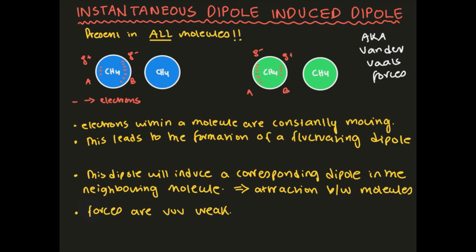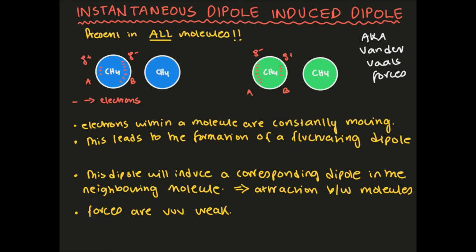This is going to lead to the formation of a fluctuating dipole. If you look at this particular instant, the one that I've made in blue, there are more electrons towards side B, which is why it's going to have a partial negative dipole, and there are fewer electrons towards side A, which is why it's going to have a partial positive dipole. And this is only there at one instant.